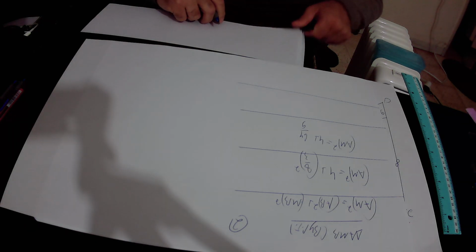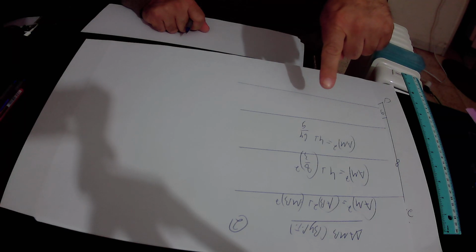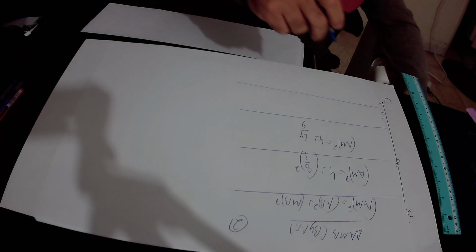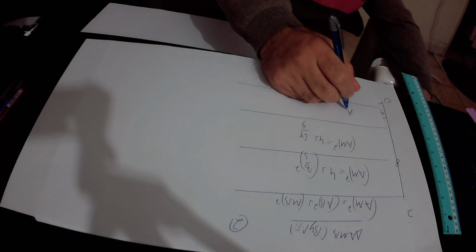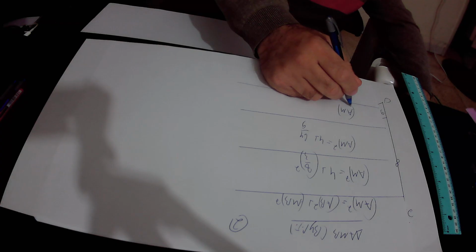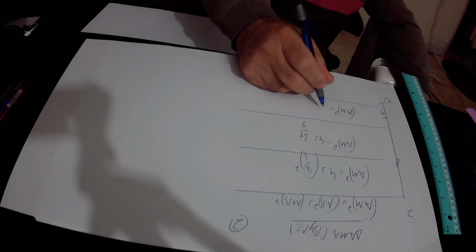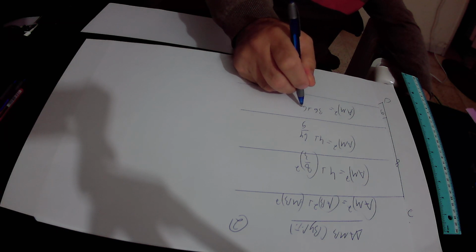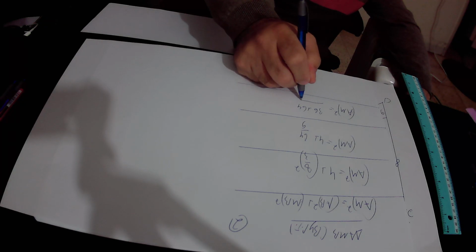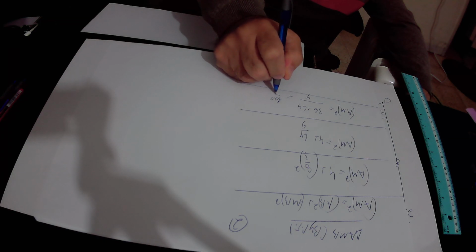In the next step we multiply 4 by 9 and then divide by 9 in order to have a common denominator of 9, and we get that AM squared equals 4 times 9 is 36, so we have the numerator 36 plus 64 over 9. 36 plus 64 is 100, so it is 100 over 9.